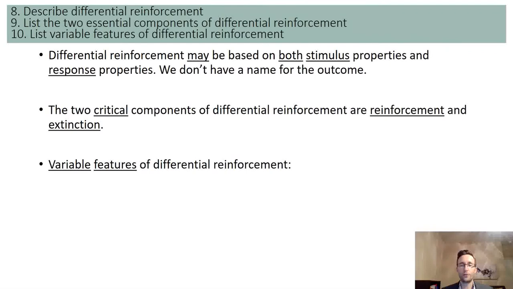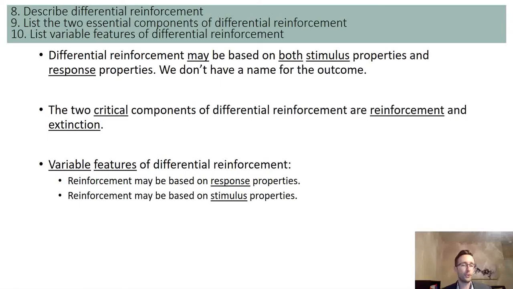And there are variable features of differential reinforcement. So some differential reinforcement procedures may deliver the reinforcer contingent on response properties, or reinforcement may be based on response properties. Some differential reinforcement procedures, the reinforcement may be based on stimulus properties. Some differential reinforcement procedures may strengthen alternative responses.